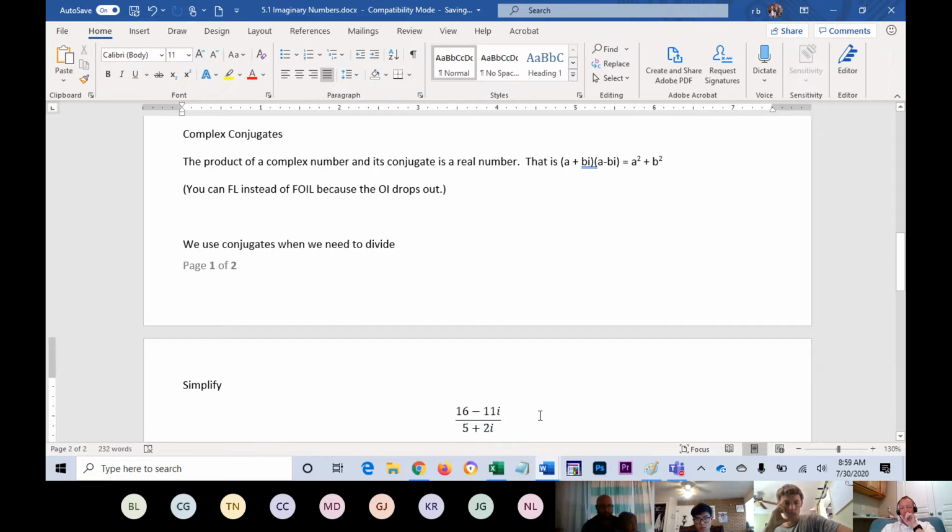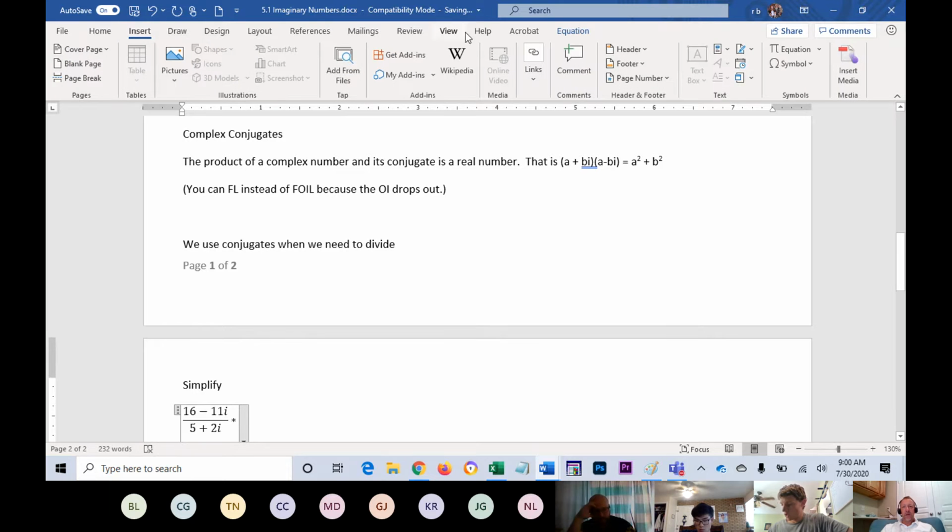Now we don't have any good ways of dividing those directly, and so what we're going to do is multiply by the conjugate of the denominator.